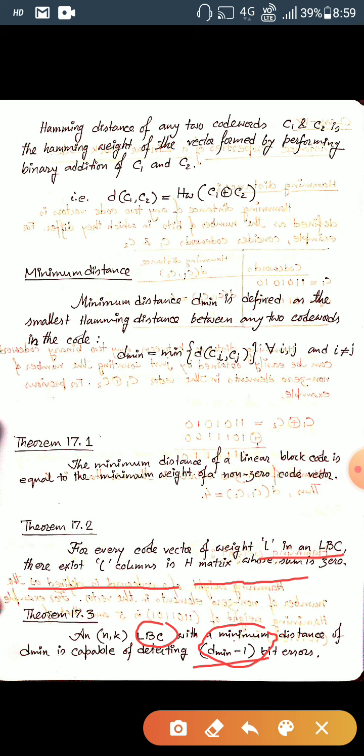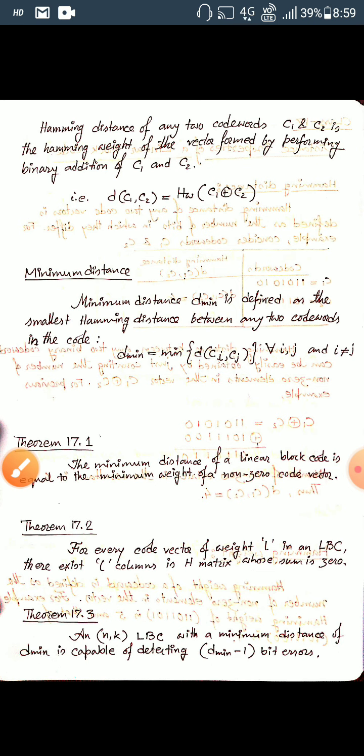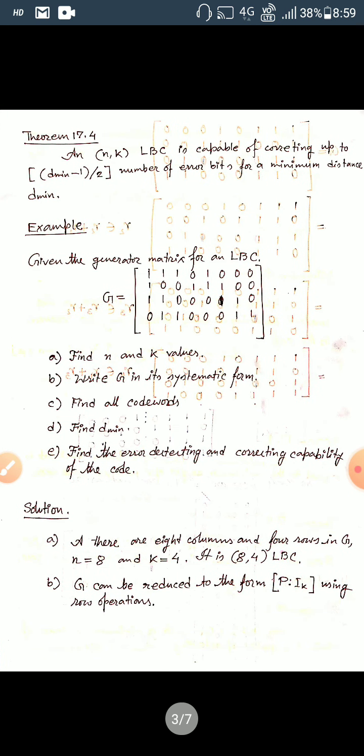So if an error occurs in up to 3 bit positions, it can still be identified that an error has occurred. So d-min is one of the most important parameters required to identify how many bit errors can be detected.